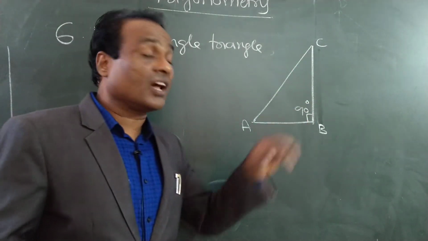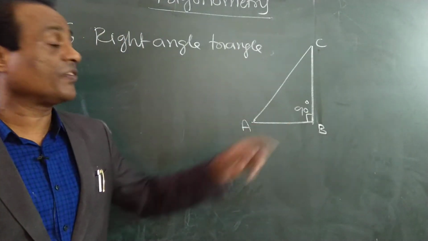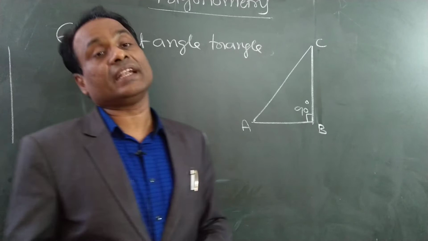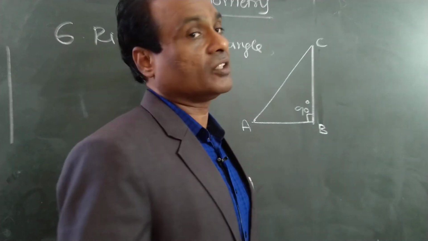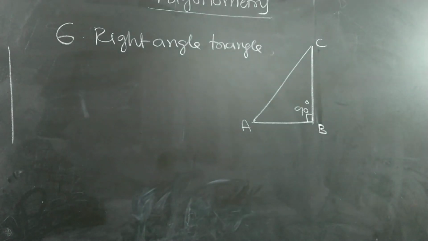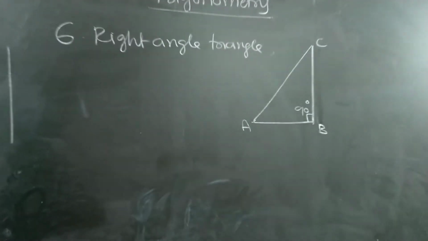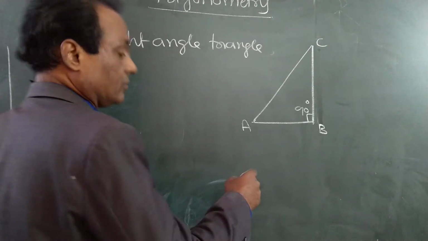If one angle of a triangle is 90 degrees, it is called a right angle triangle.